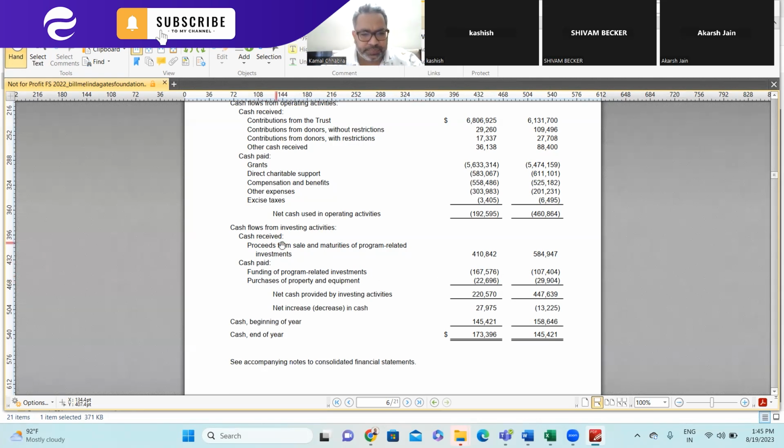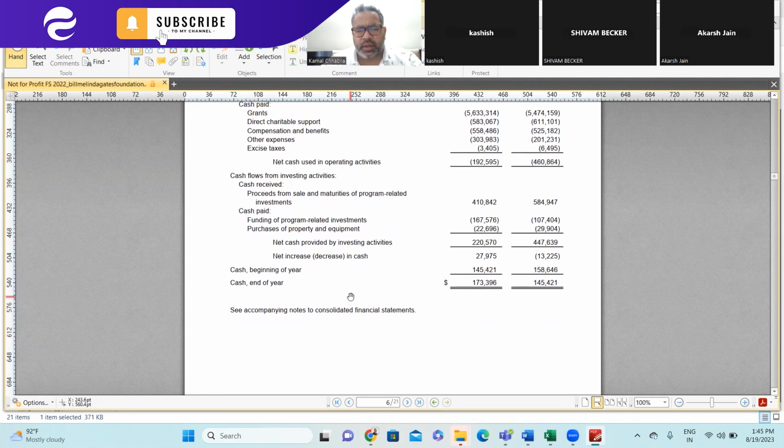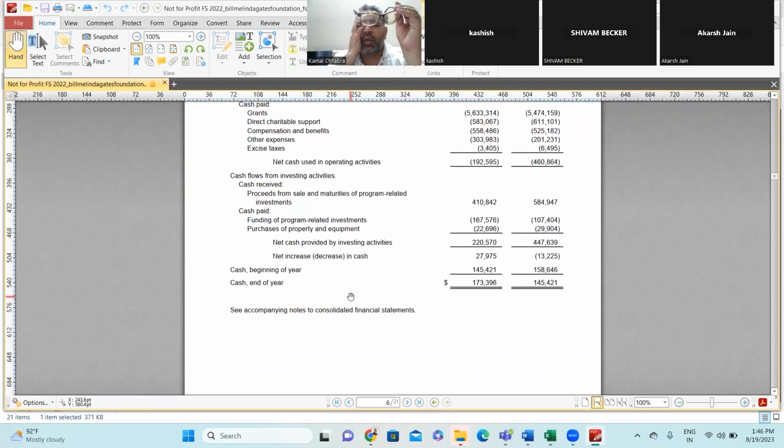If you see here, there is no financing activity in this, but financing activity can be for your endowment fund, if you are collecting any money for the endowment fund, or if you are collecting any money to the permanent fund, or if you are collecting any money for the corpus.